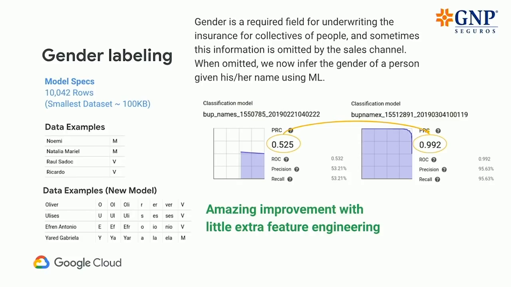So one of the persons from the underwriting department approached our data science team and said, well, you're supposed to be smart, and there should be a better way of doing this. And it was a simple example. What we did is basically we used our master database as a source. We used the data of the master database to train a model to learn the gender of a person based on their name and last name, so their full name.